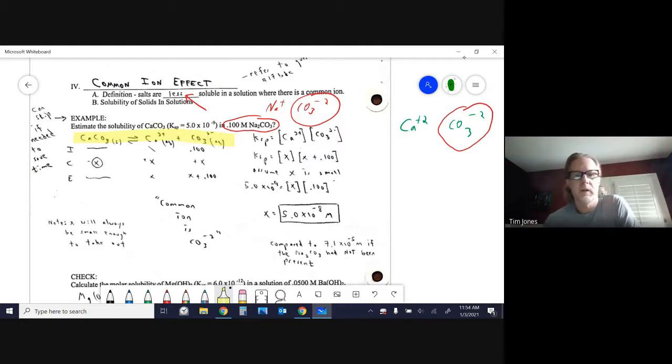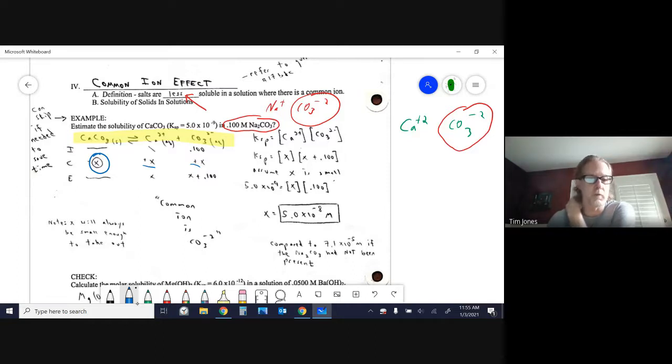Solid on the left, dissolved ions on the right. Do an ice chart. We're solving for the molar solubility, unless it tells you to do something different. We get an X like usual, and we get an X here like usual.